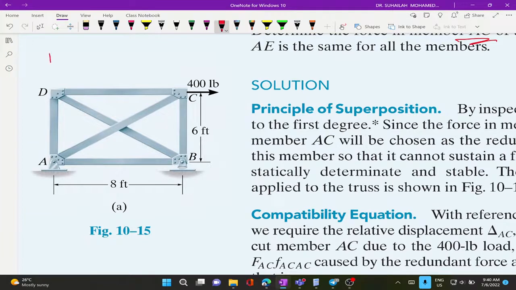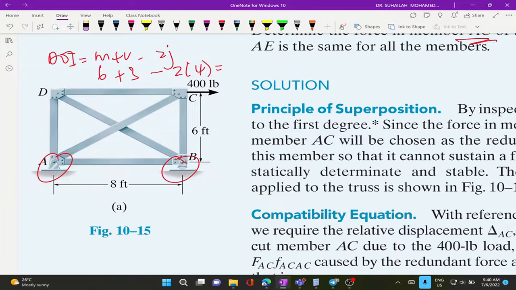Calculating the degree of indeterminacy, it is M plus R minus 2J. We have 6 members, plus reactions: one pin and one roller, so 3, and there are 4 joints, 2 times 4. The total is 1.